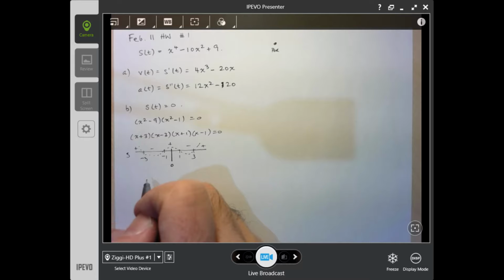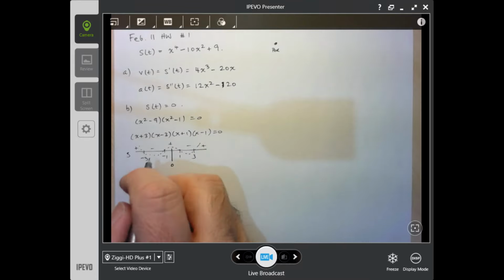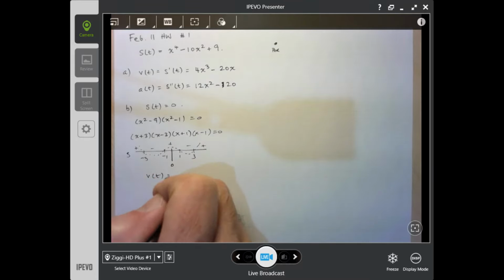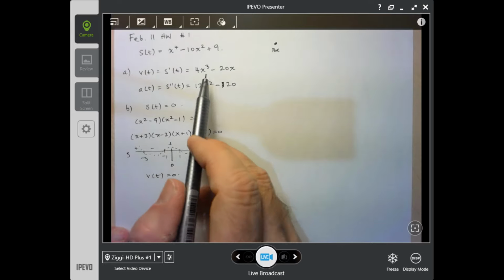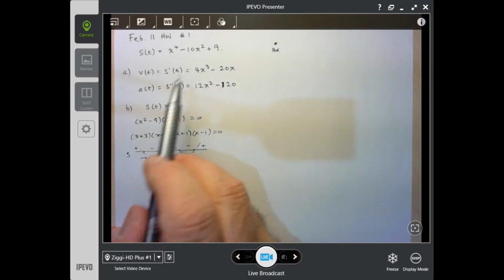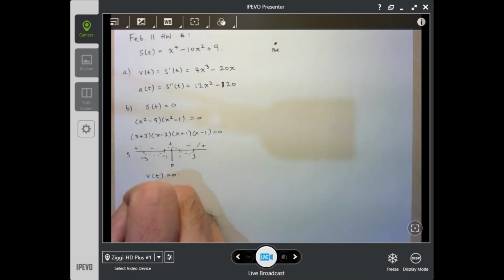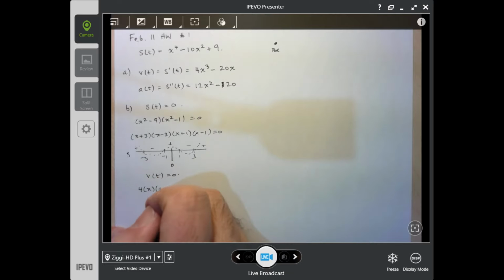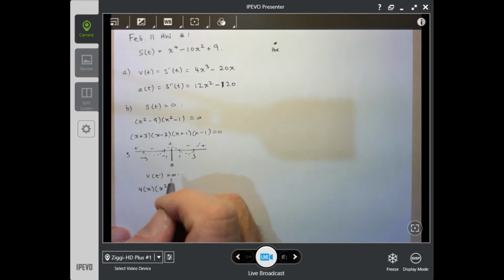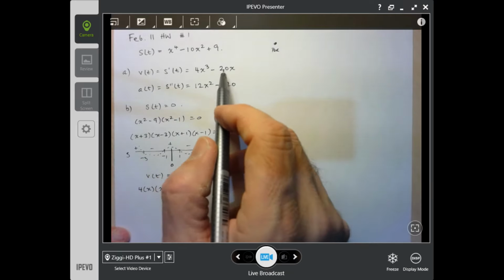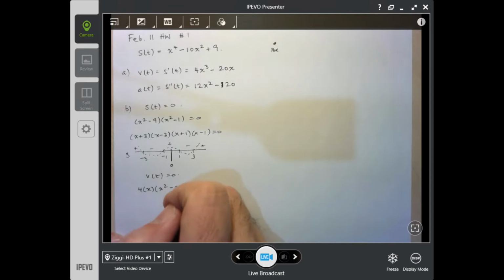All right, so let's do the same thing now for velocity. So we want the velocity to be equal to 0. And again, this is fairly easy because I can just factor out a 4x. Oops, 4x, and what am I left with here? I'm left with x squared minus, and if I factor out 4x, I'm just left with 5.